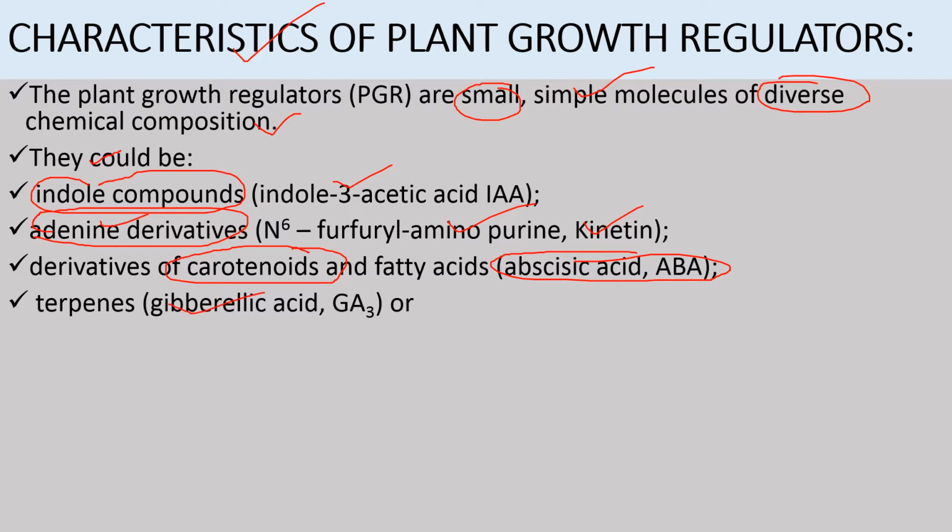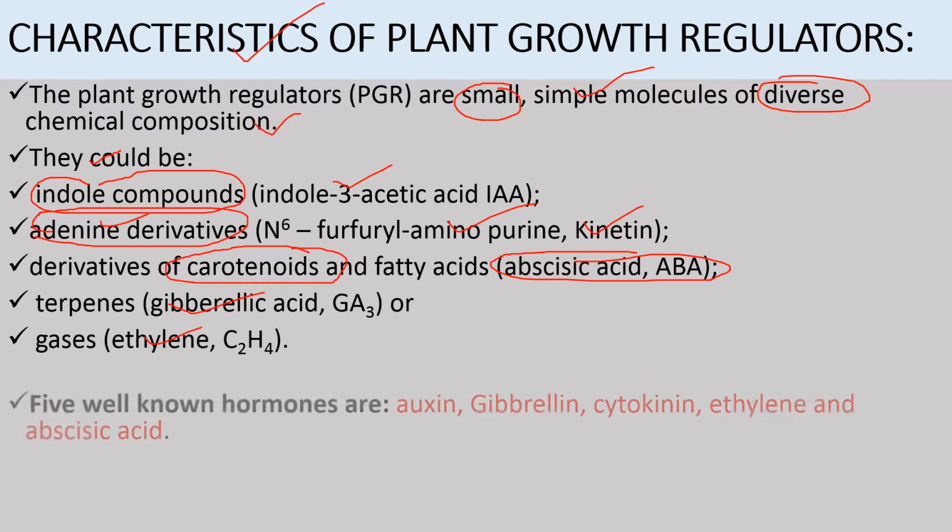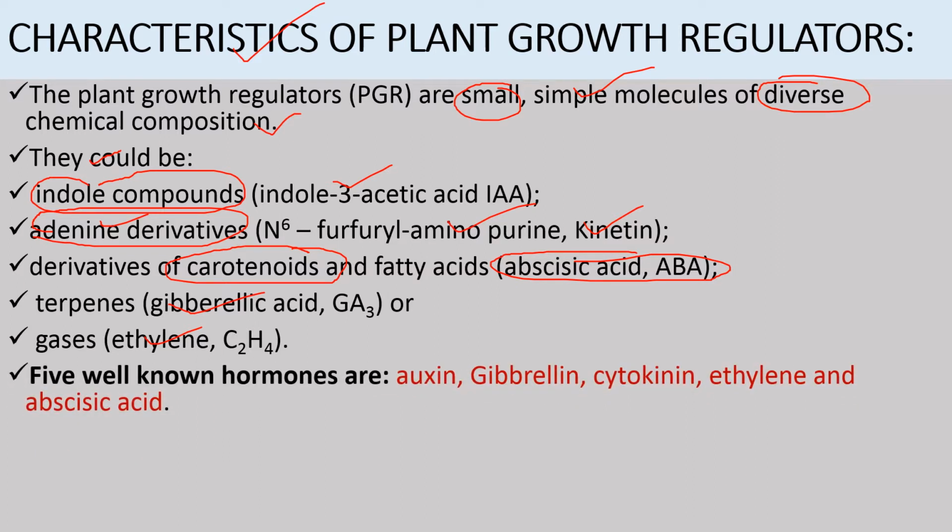It contains 20 carbons. Then we have some gaseous hormones like ethylene, which helps in fruit ripening. So there are 5 well-known hormones: auxin, gibberellin, cytokinin, ethylene and ABA. Out of these 5, the first 3 are considered growth promoting hormones, and the rest of the 2 are considered growth inhibiting hormones.